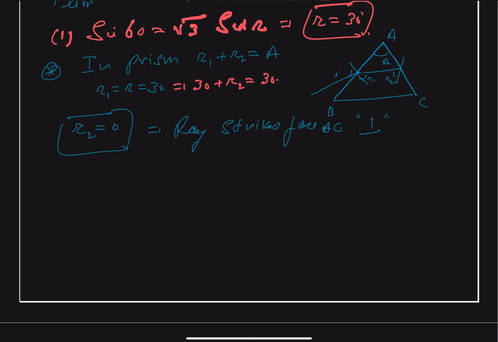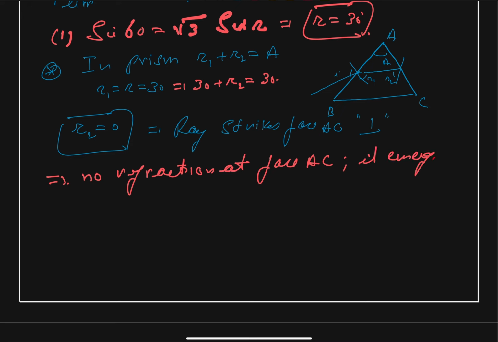Based on this we can write no refraction at the second surface, no refraction at face AC, and it emerges as a straight line because it is perpendicular.